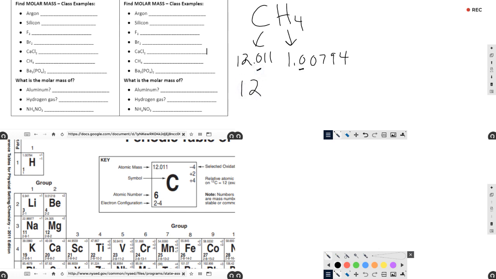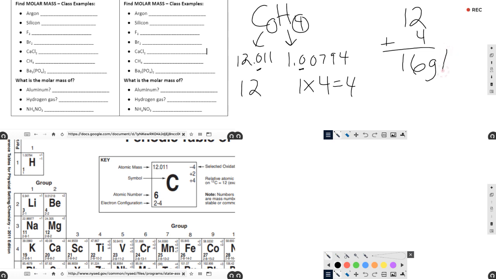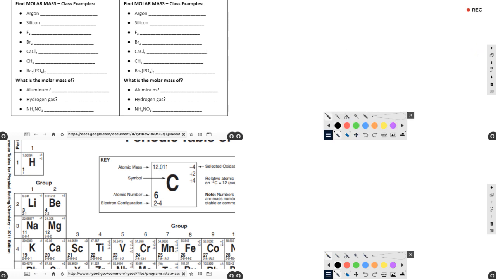So this is just 12, and this is just 1. That's the easiest math, right? Check subscripts. No subscript for C, so there's just 1 of those. A subscript of 4 for hydrogen. Now I add the 2 together. 16 grams per mole. All right, we got one more, and it's definitely the most complicated one.